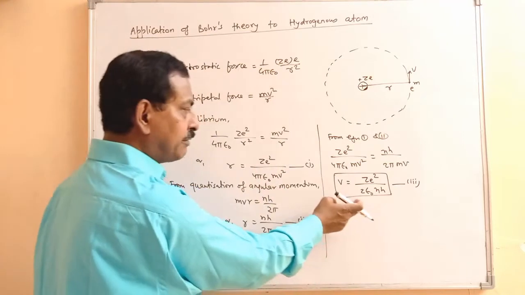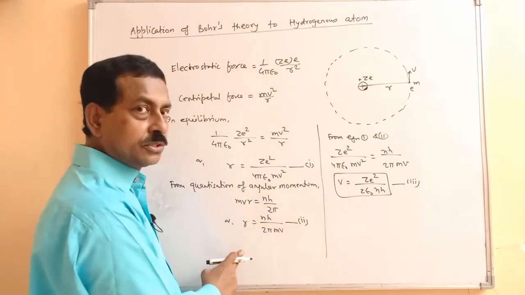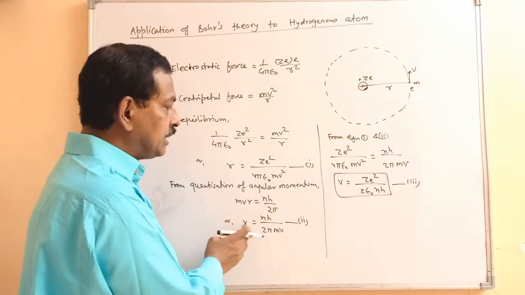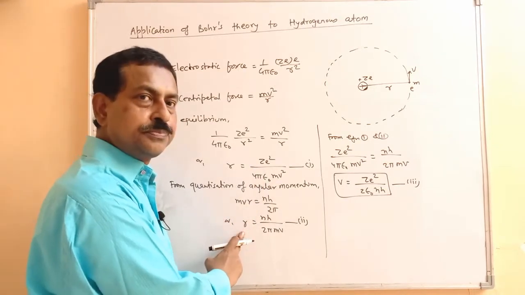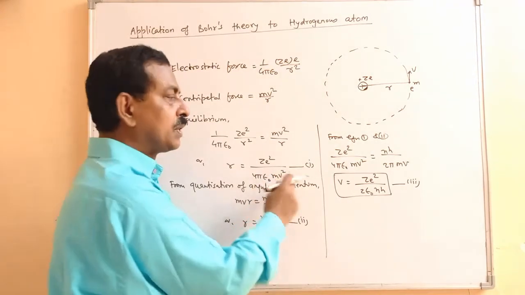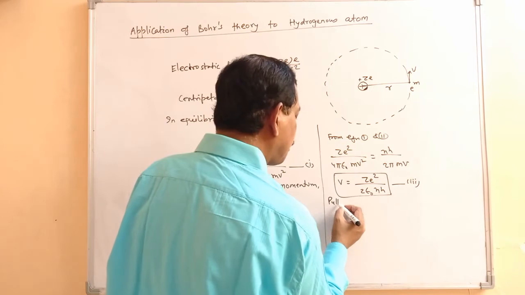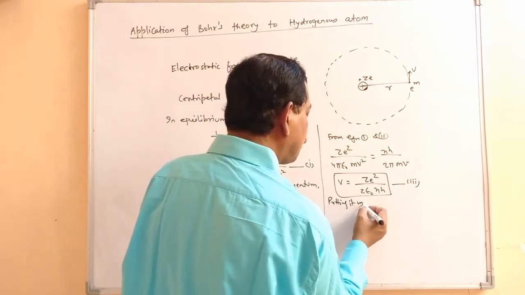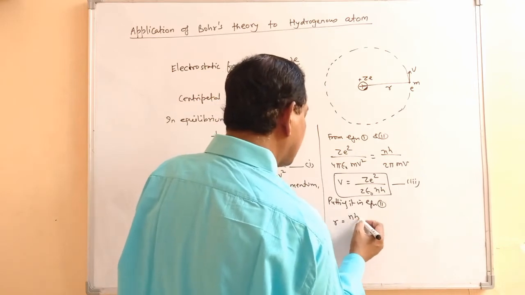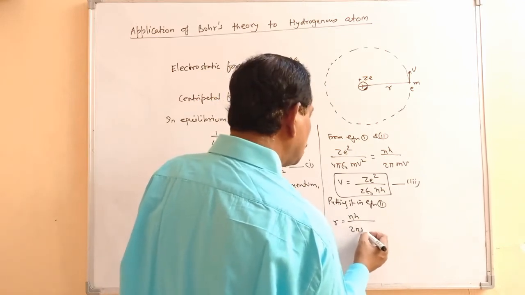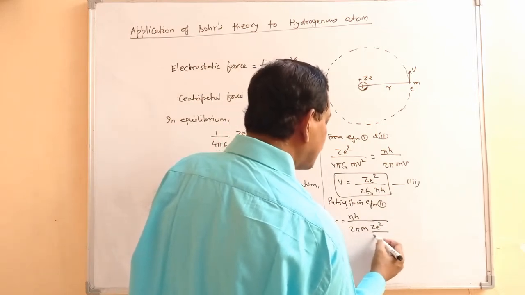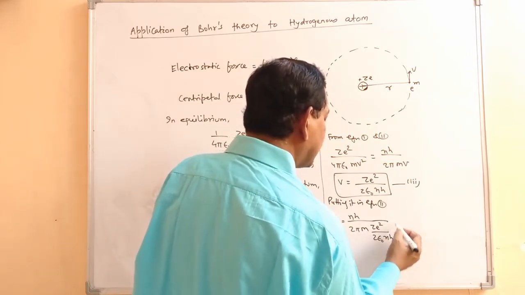Now if I put this value of v in any of these equations, we can get the expression for r. It is more convenient and easy to put it in equation 2, because here it is in the first power, here it will be a square. So putting in equation 2, r will be nh by 2 pi m. For v we are putting this term, Ze square by 2 epsilon naught nh.